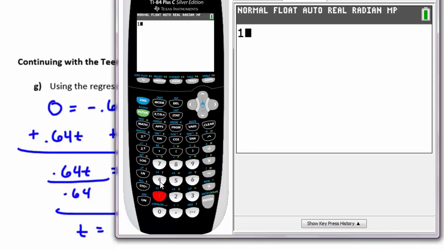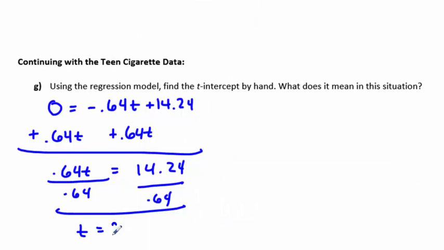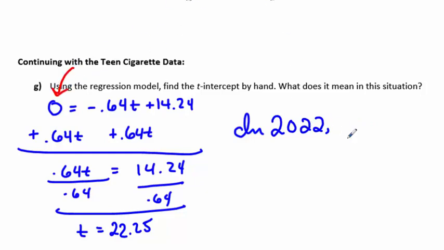So we need to take 14.24 divided by 0.64. We get a t-intercept of 22.25. What does that mean? It means in the year 22 years since 2000, so in the year 2022, what happened? Remember that we have a p-value of 0, so that means that 0% of teens report to smoke.